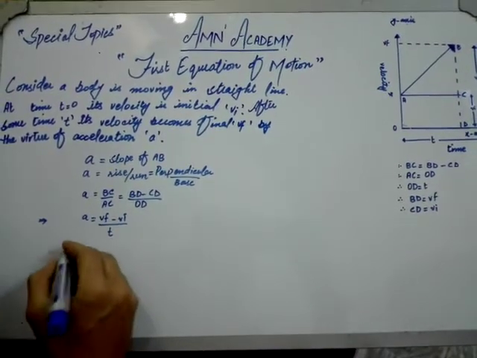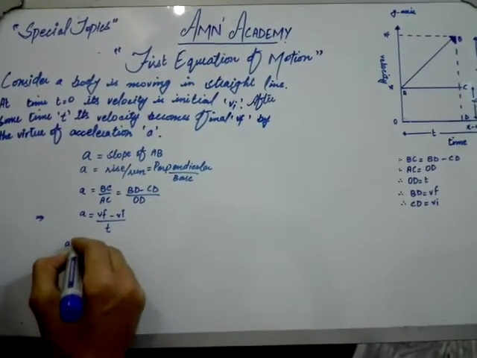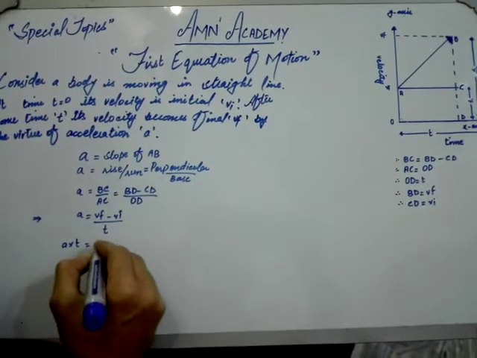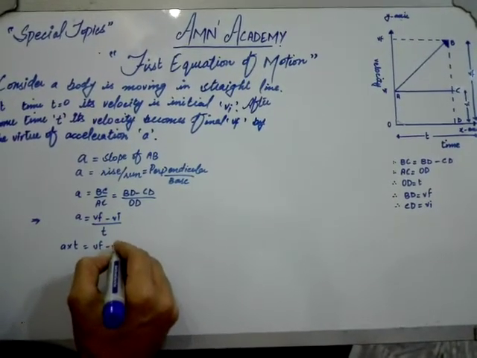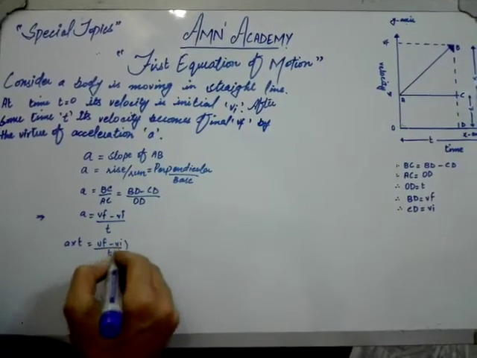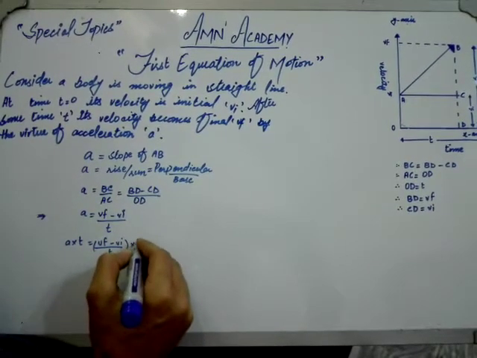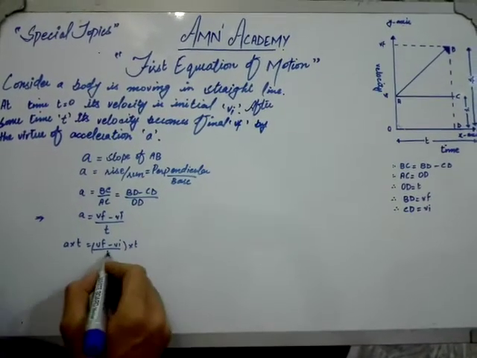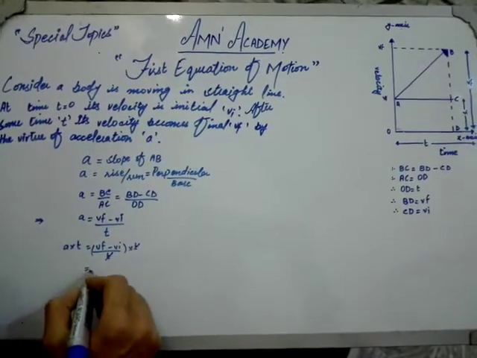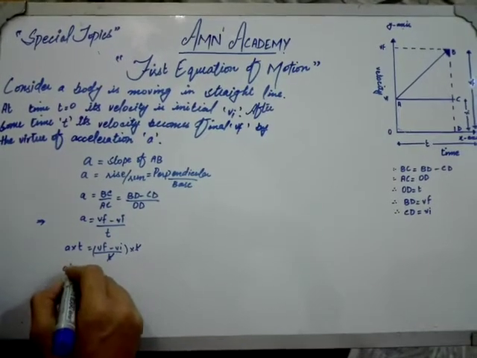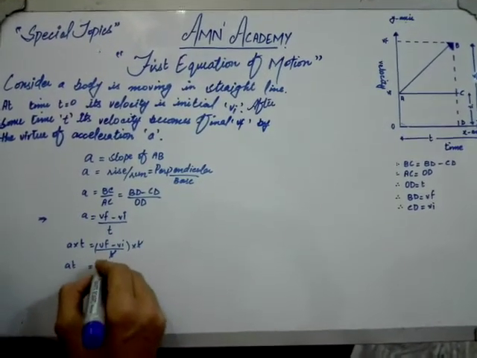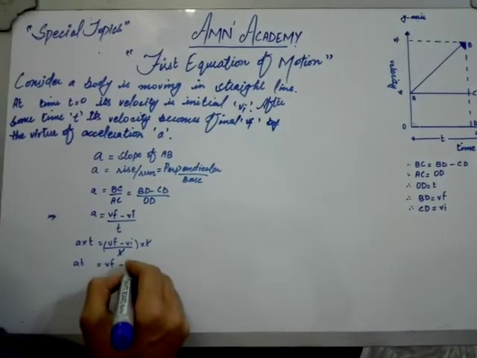Now, moving further, we are going to multiply that quantity on both sides of the equation. We'll get a times t is equal to (vf minus vi) over t multiplied by t. T cancels with t, so we have at is equal to vf minus vi.